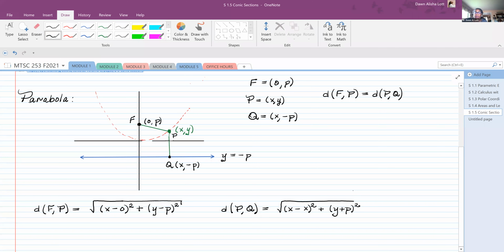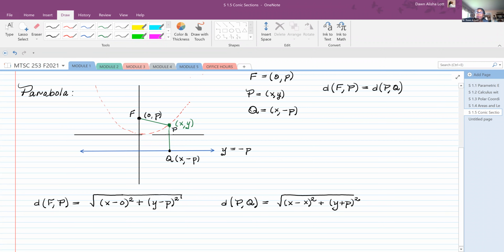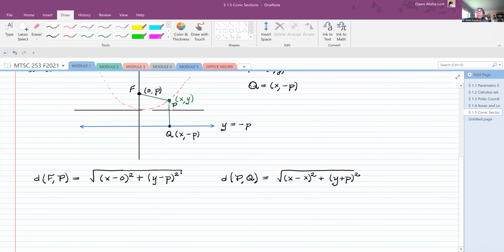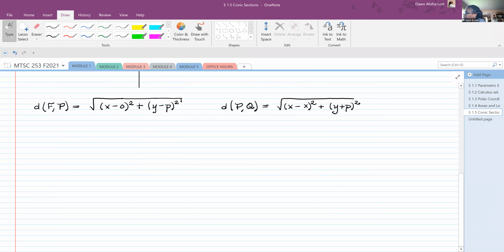I need these to be equal. So the square root of X squared plus Y minus P squared has to equal the square root of Y plus P squared.